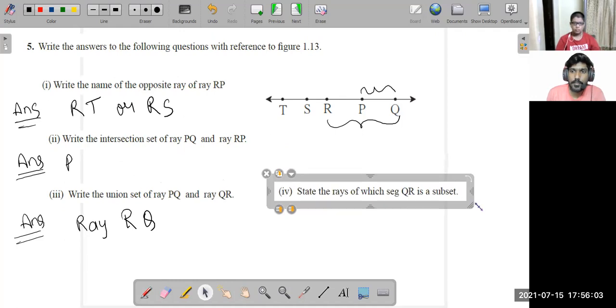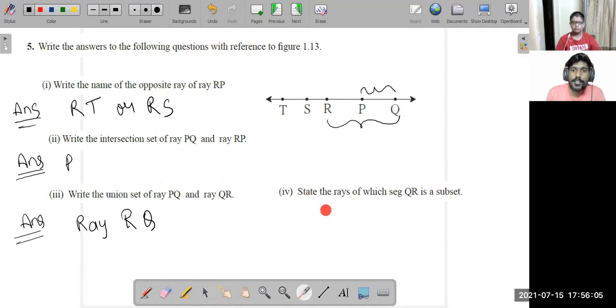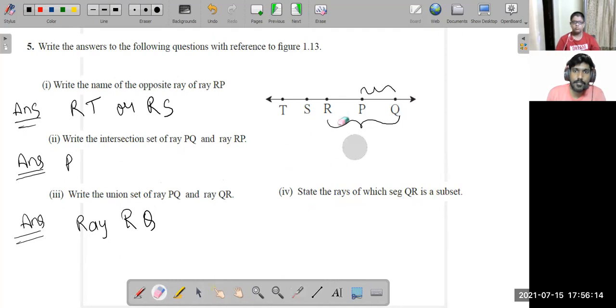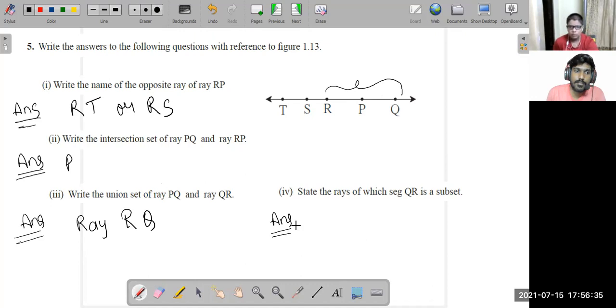Fourth one, state the rays of which segment QR is a subset. So where is QR? This is QR. Now, which other rays are subsets of QR? T?